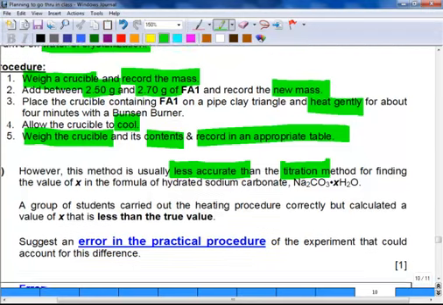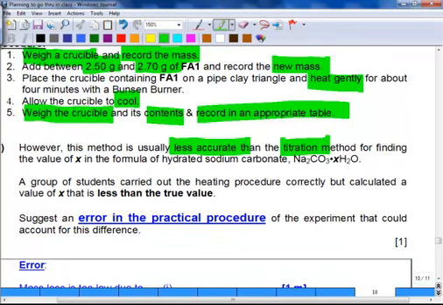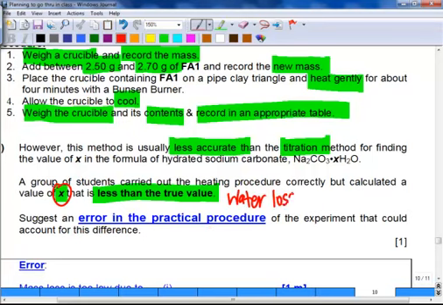Okay, so over here, they say that they calculated a value X that is less than the true value. If your value of X is smaller, that means your water loss is greater or smaller? Because X is dot H2O.